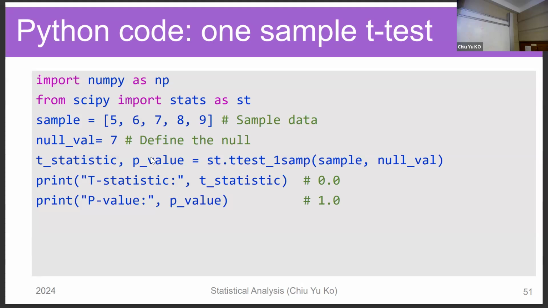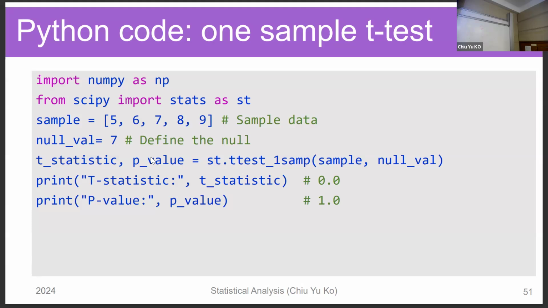The third line is the null value, meaning mu is equal to what number? Here it is 7. The good thing is I do the t-test directly with ST's one-sample t-test: you give it the data and the value, and it automatically gives you the statistic and p-value.